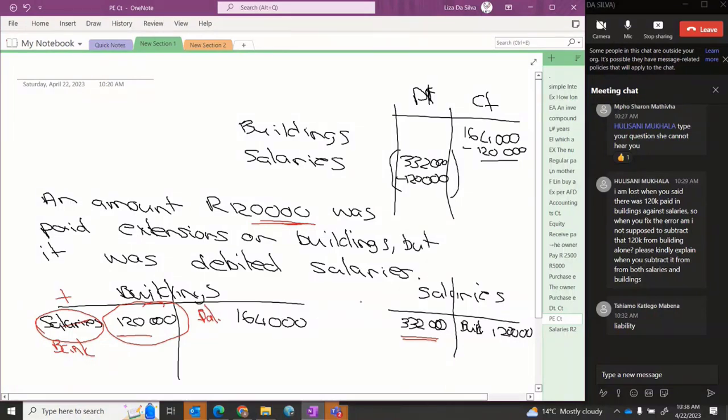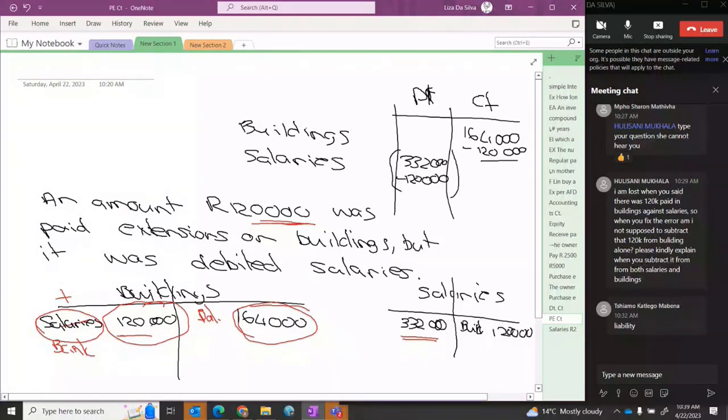But according to the trial balance, they gave a credit balance for buildings, which is wrong. And that's why they went through their books and they wanted to see where the mistakes were made. So one of them was that the 120,000 that was supposed to be on the debit side of buildings, they put on the debit side of salaries. But it shouldn't be in the salaries account. So you take it out of your salaries.